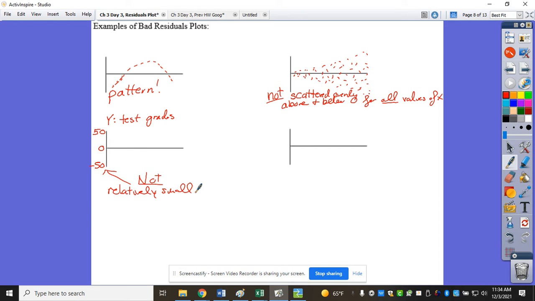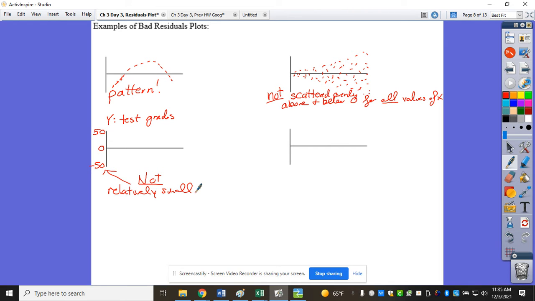So do you have any questions on what the things are that you're looking for as violations in a residual plot? I know that when I write it at first, you're like, I don't really know what I'm looking for, but hopefully seeing issues helps. I'm not going to give you one that's borderline. This class doesn't get into the point where it's like, that could be a pattern, that might not be. It's going to be something like, there's a big issue, so don't use it.